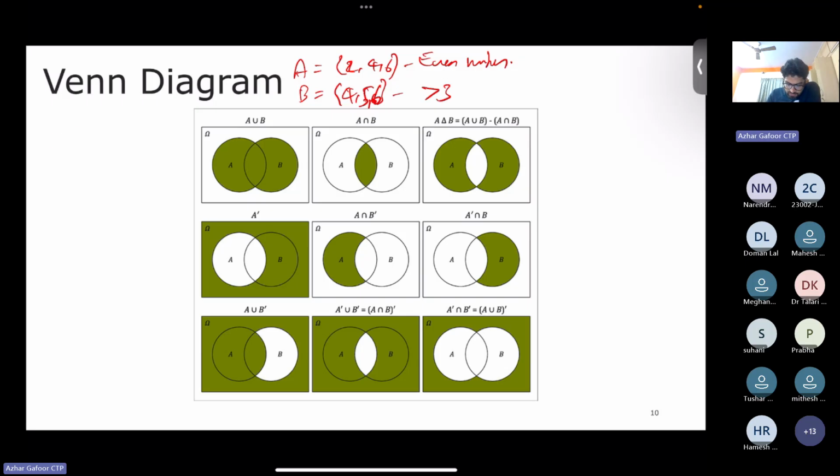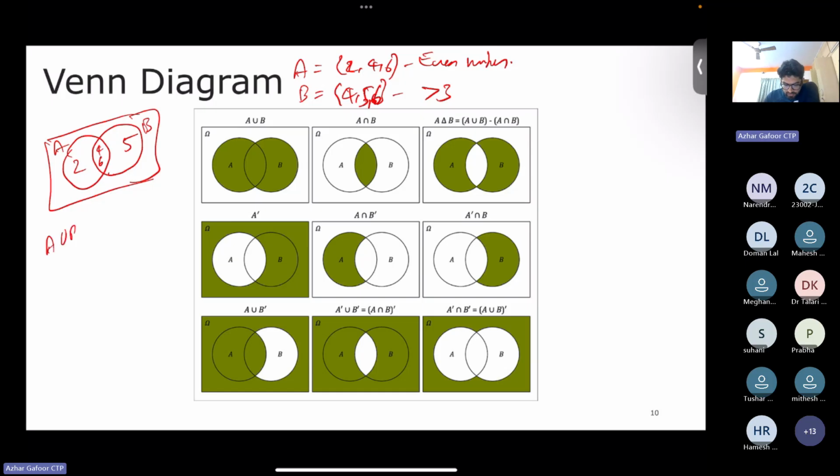So if we draw the Venn diagram for that event, we have A, then we have B here. So A will have 2, 4, 6. So 4 and 6 are available in both, and B has 5. So A union B will have all the elements, that is 2, 4, 5, and 6. Whereas A intersection B will have 4 and 6.